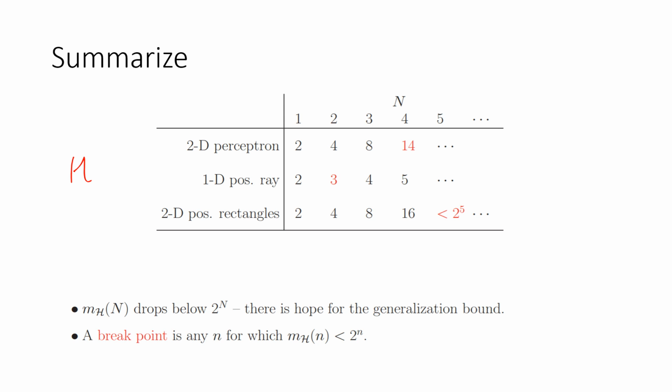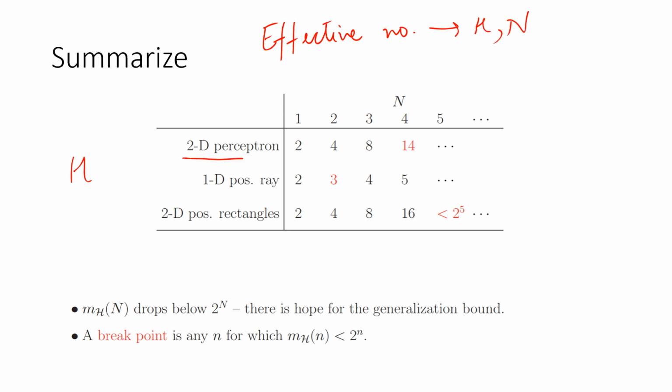So we began analyzing this further through the lens of the data. Through the lens of the data, we found out that it's really not possible to implement all possible hypotheses, but rather there is this effective number of hypotheses that we will be implementing. This effective number depends on my h, my hypothesis set, and my n, right?